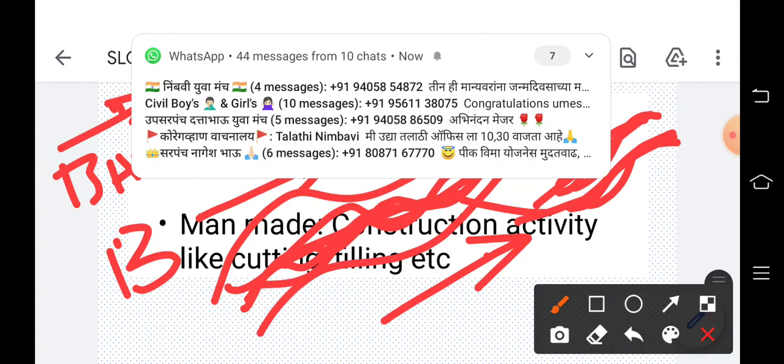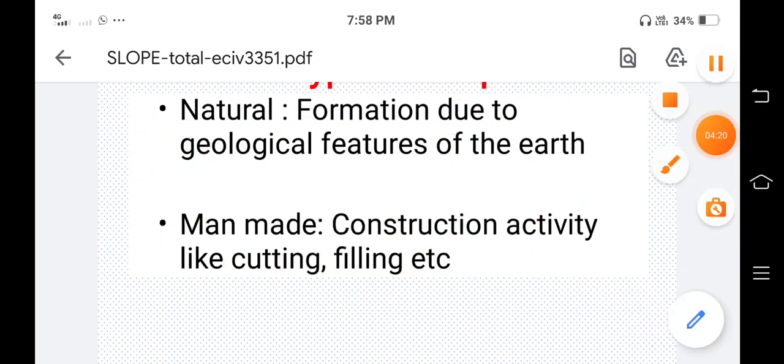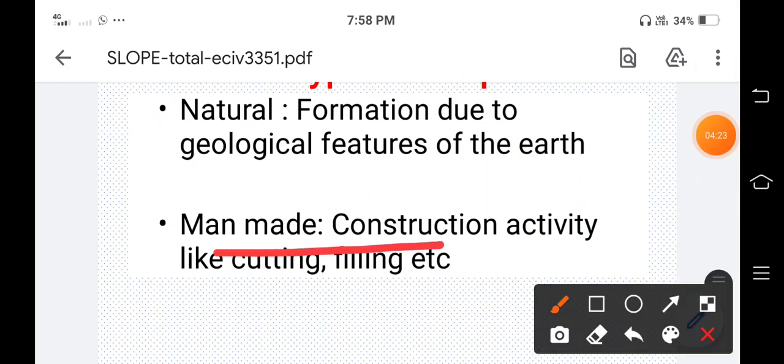From a design point of view, the slope should be stable. Slope is nothing but the angle made with the horizontal, the inclination with the horizontal. Suppose this is your ground level and this is your slope, so this is called the angle of slope, which is made with the horizontal.